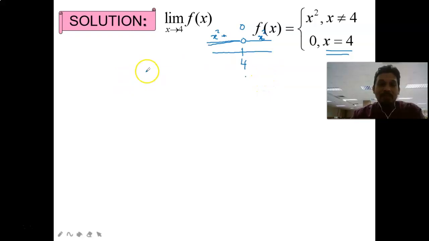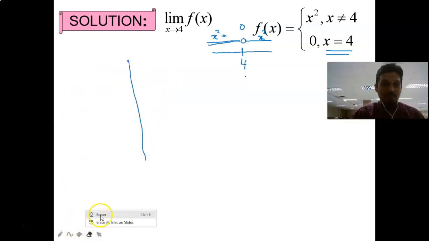For this one here now, let's take a look at the graph of this.